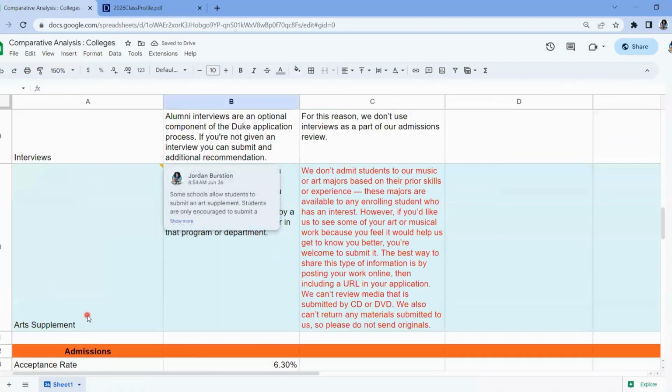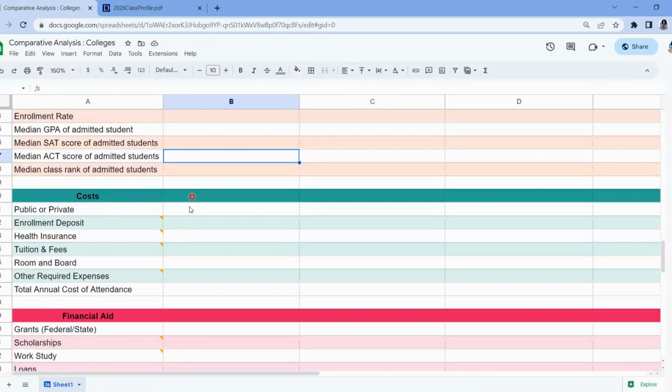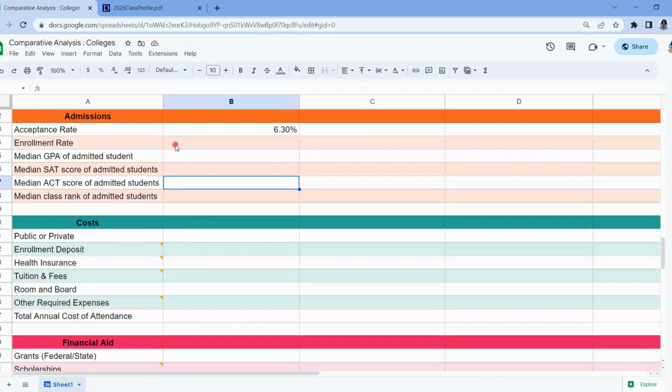Now, the enrollment rate tells us of the students who were accepted to the school, what percentage actually enrolled in that school. Most students will apply to more than one school during their senior year. So there will be some schools that they're accepted to, but they will not ultimately enroll in.